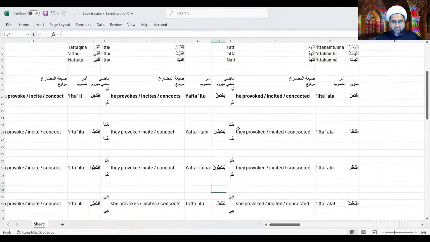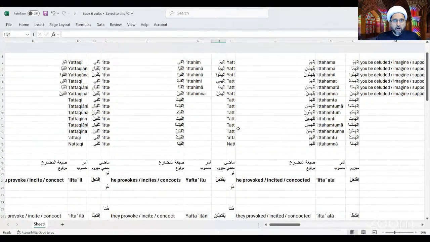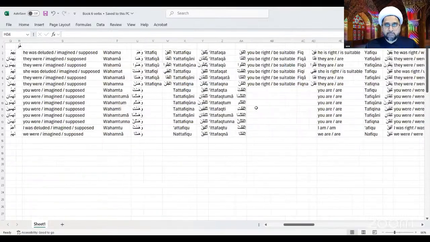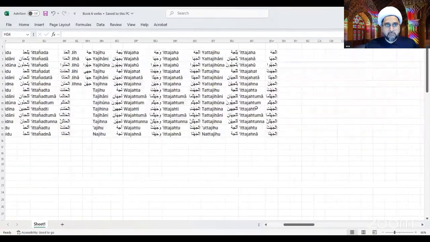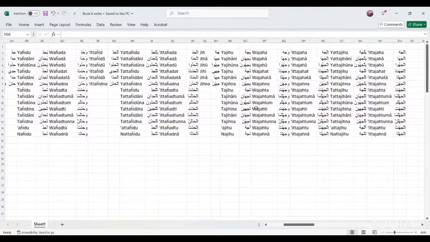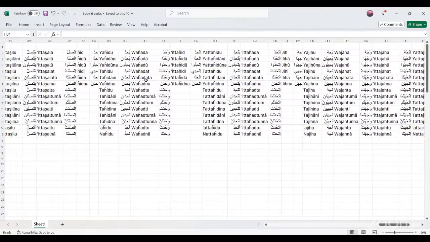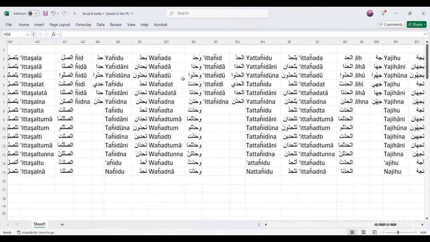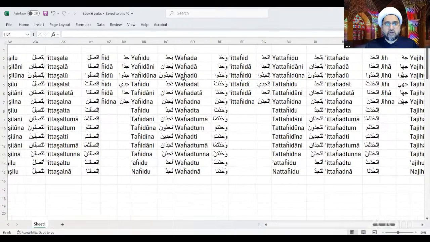Now I'm going to start from the verb. There's only a few verbs.